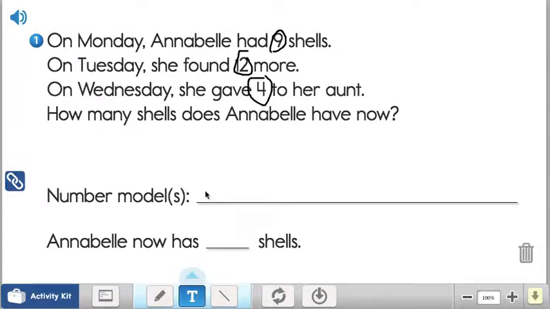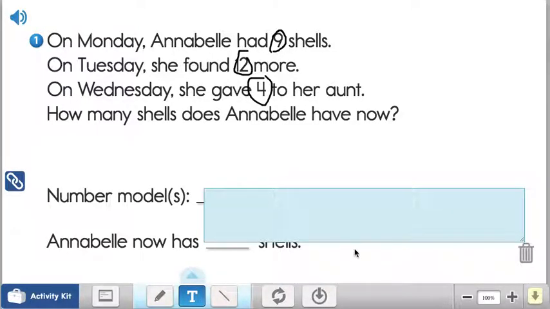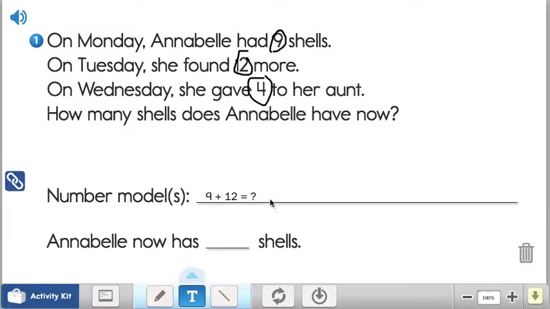Well, my first step is going to be 9. Since she found 12 more, it's going to be plus 12 equals question mark. Now when I figure out 9 plus 12, I get 21. So I've used that first part. Now the next part says, on Wednesday she gave 4 to her aunt.